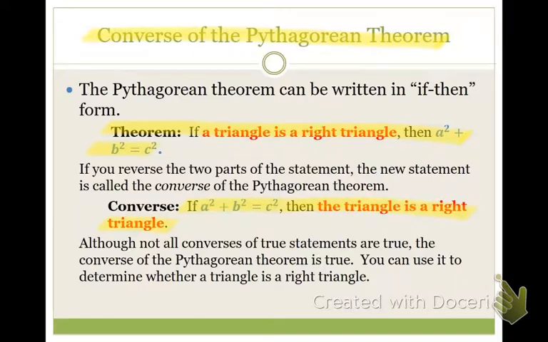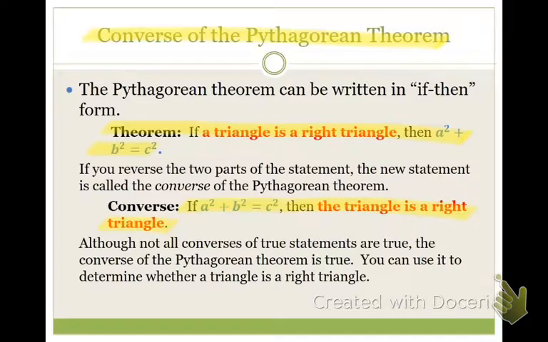Well, you can use the Pythagorean theorem to test the side lengths. If they equal, then yes, it's a right triangle. If they don't, then it's not. Okay, so you can use this to determine whether or not a triangle is a right triangle. That's what we're about to do. All right, just pause it real quick so everybody can finish writing that down.